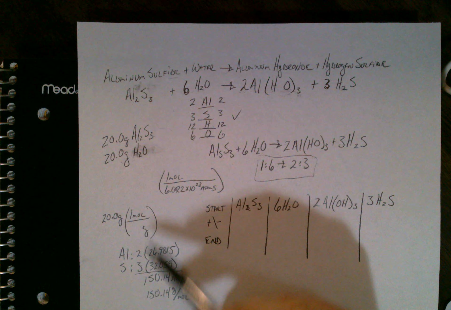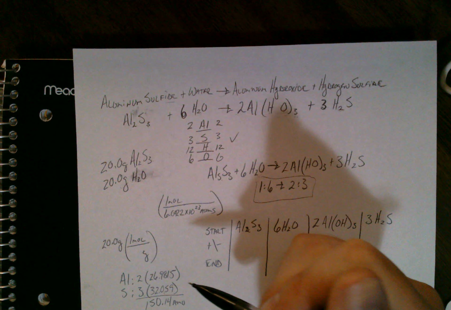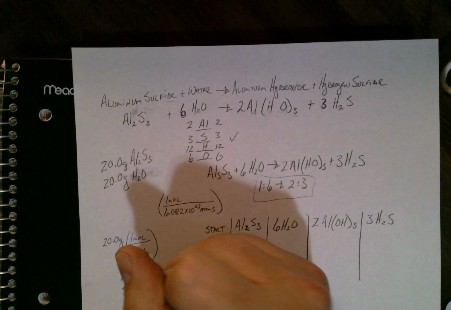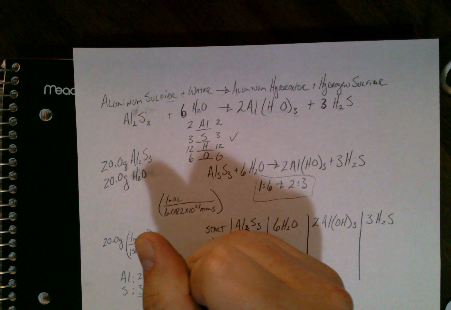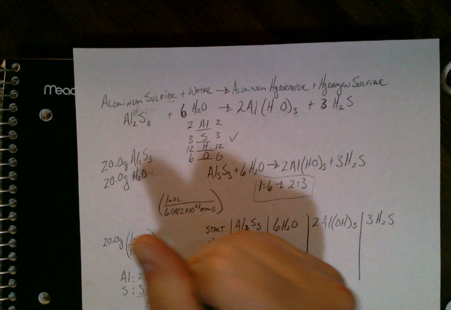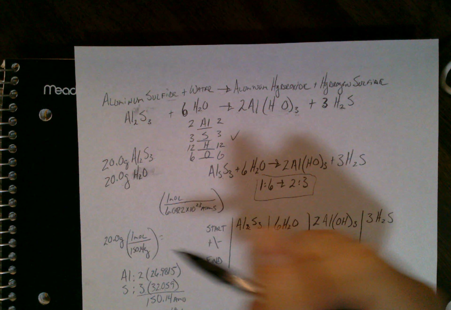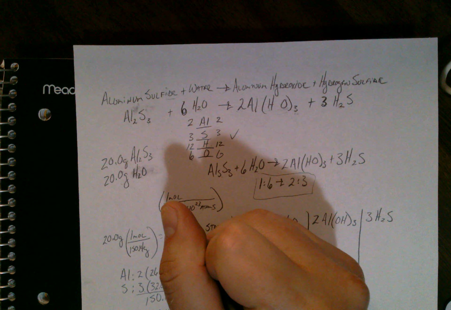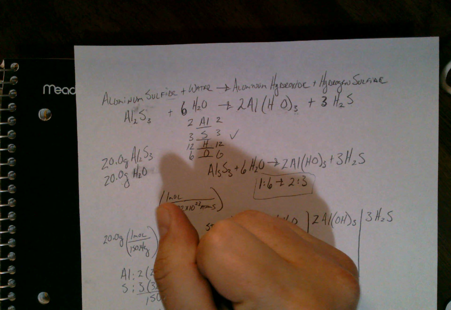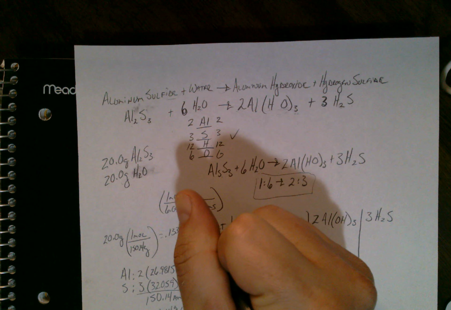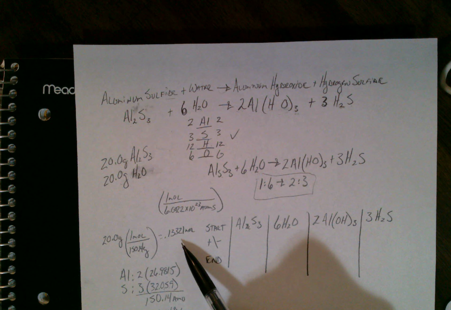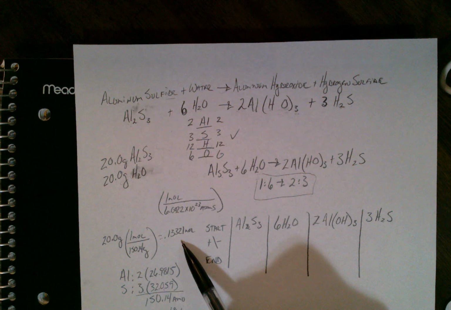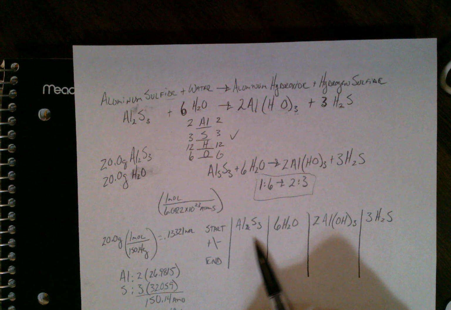So now we've got a grams per mole comparison. So we can say this is 1 mole per 150.14 grams. We run that through. That's going to give us 0.13321 mole of aluminum sulfide. So that's how much we start with in our aluminum sulfide.